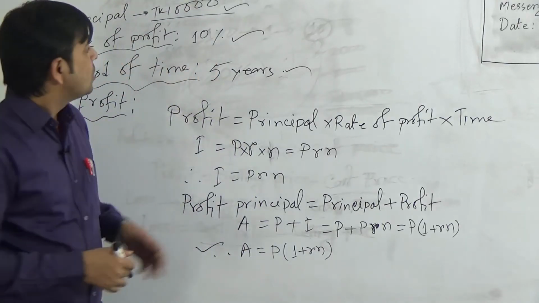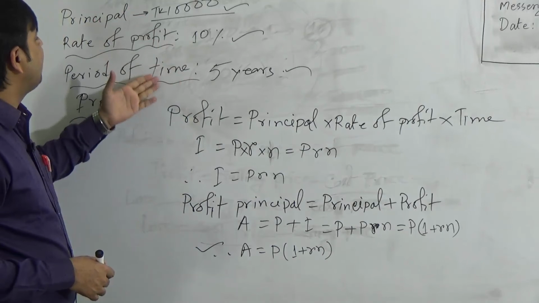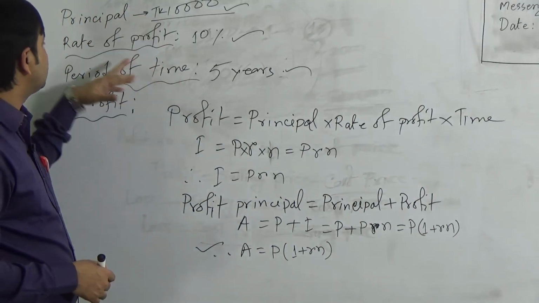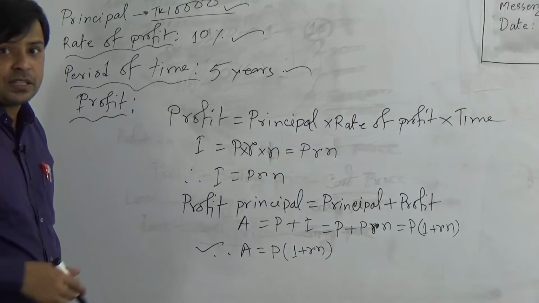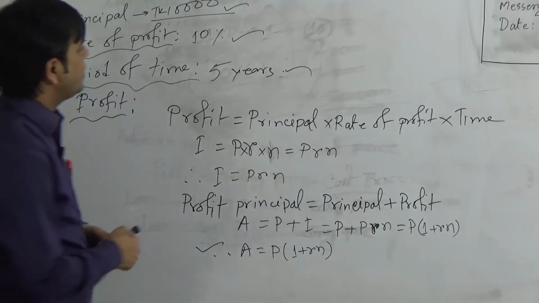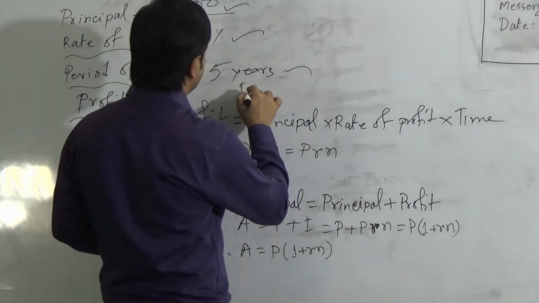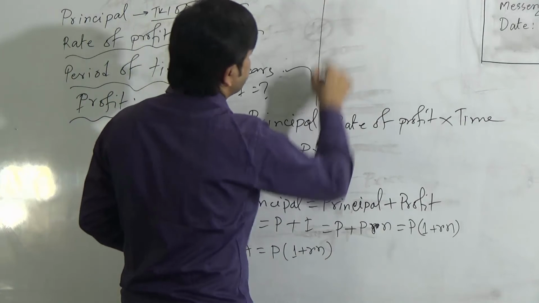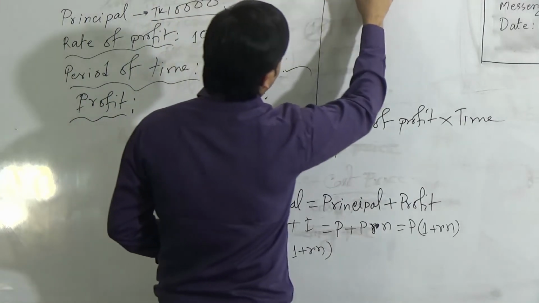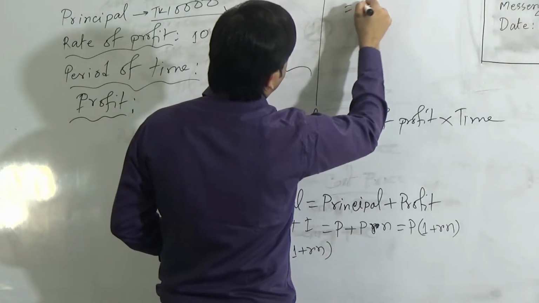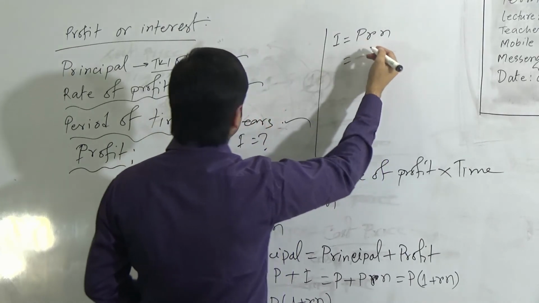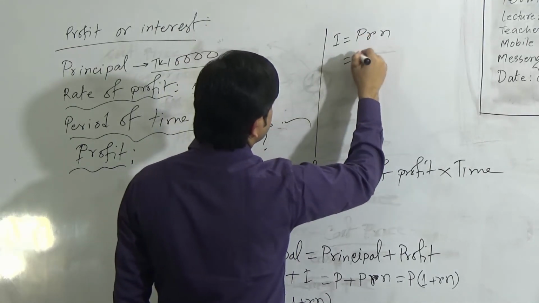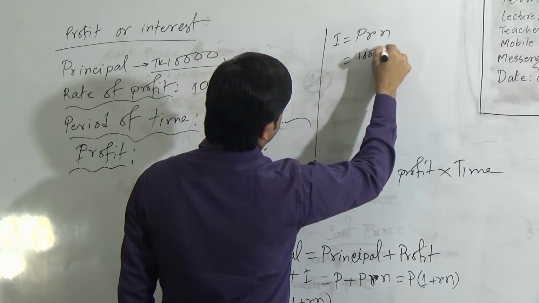Okay, dear students. So if we consider this is the given data, if principal is 10,000 taka, rate of profit 10%, time period is 5 years, what will be the profit? Then we can determine here I equal to PRN. We can put the value of P here. Value of P is 10,000 taka.